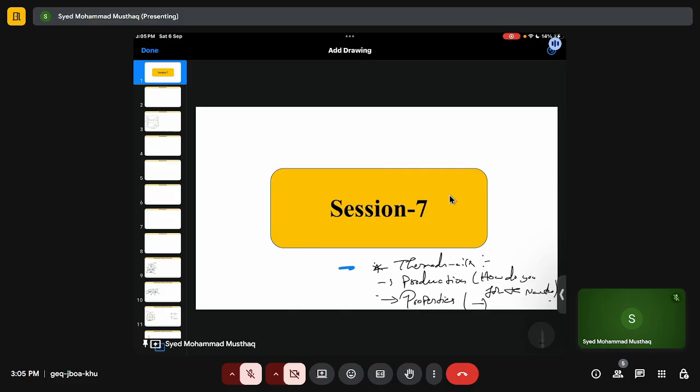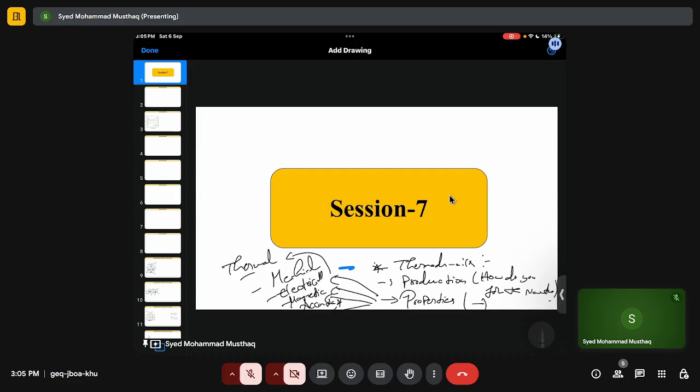Okay, so properties can be many types. We can have what? The mechanical, the electrical, the magnetic. Acoustic is not a big thing in nanoparticles because the particles are so small. You can have thermal, so thermal, mechanical, electrical, magnetic.